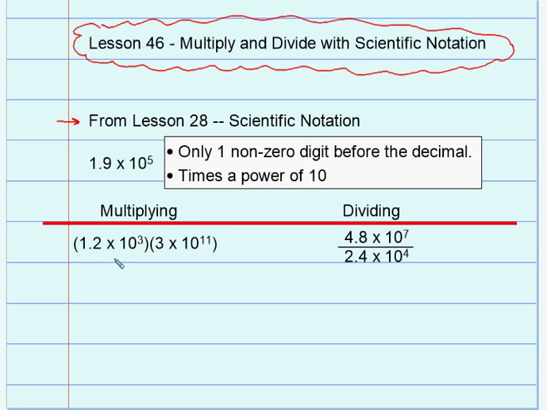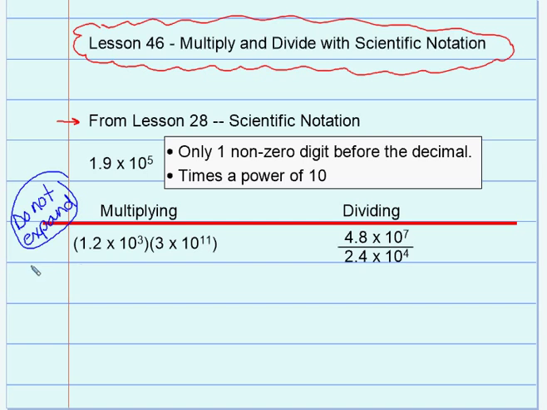When you multiply, if you have two numbers that are in scientific notation, do not expand. Okay, I'm going to write that right here. Do not expand. Put that in your notes. Put that in bold print. You are not going to tell me what these are in standard form and then multiply them.